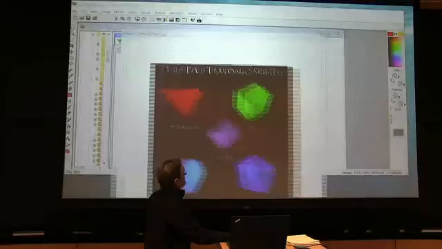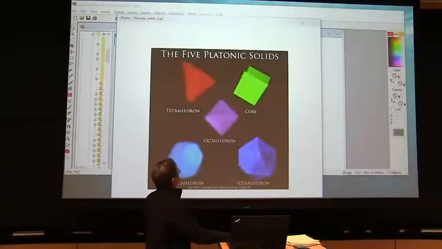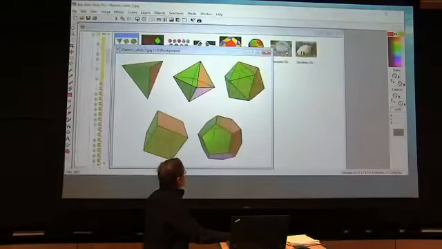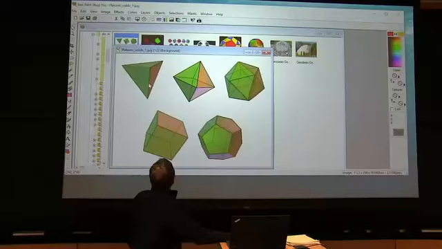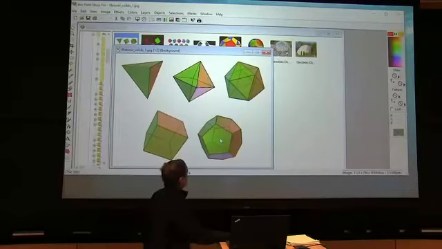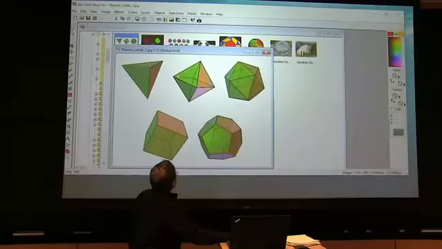And so there are 12 elements of the rotation group for the tetrahedron. There are 24 for the hexahedron. And there are 60 for the dodecahedron. So what about the octahedron and the icosahedron?